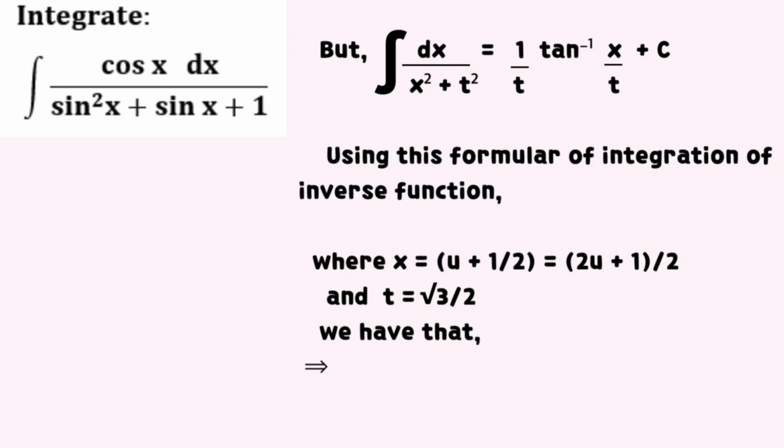In this case, x equals the sum of u and half, which equals half the sum of 2 times u and 1, and t equals half the square root of 3.